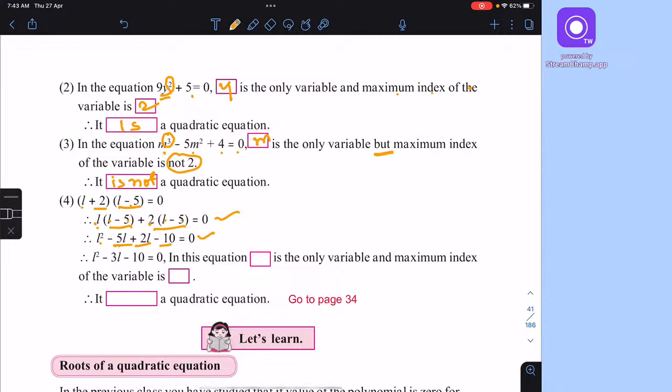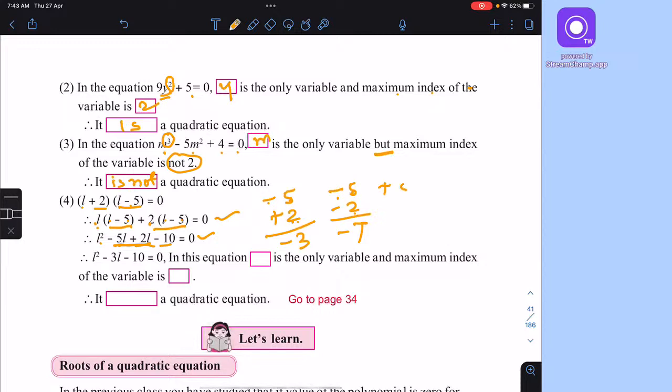Now here these are like terms, minus 5L and plus 2L. So minus 5 and plus 2: when you have two terms of different sign and you have to add them, you have to see the difference. 5 minus 2 is 3 and the sign of the greater is minus, so it is minus 3. If it is minus 5 and minus 2, when the sign is the same, you have to add the numbers. 5 and 2 is 7 and the sign is minus, so it is minus 7.